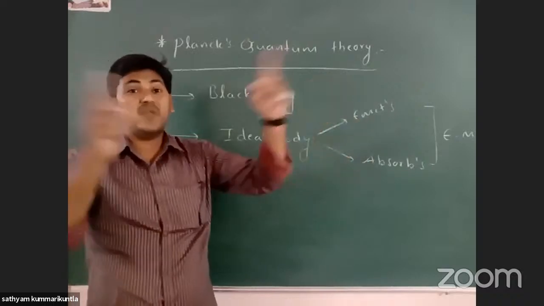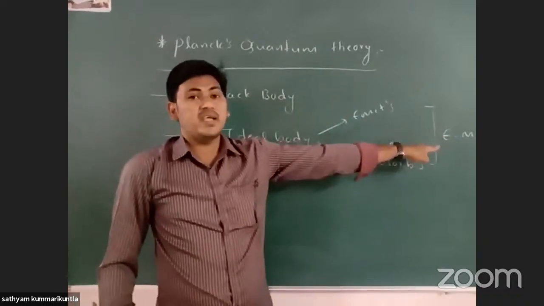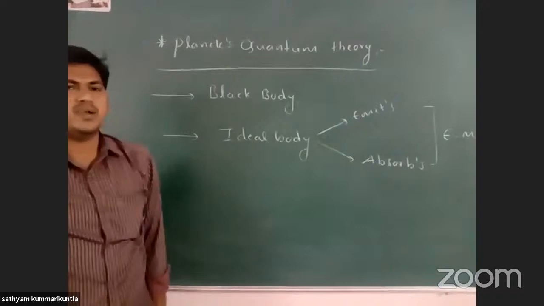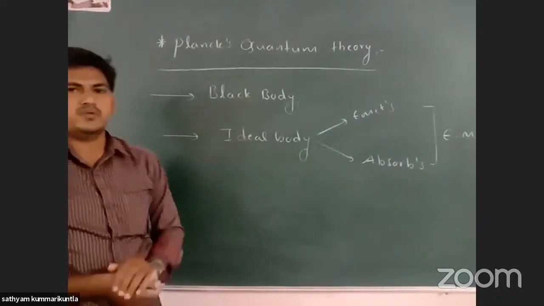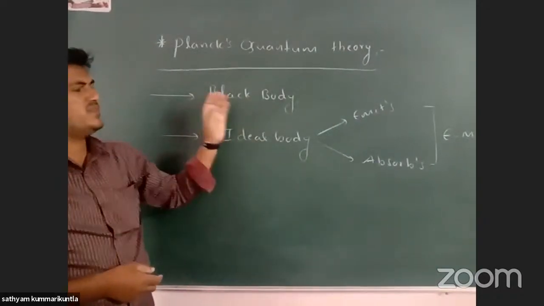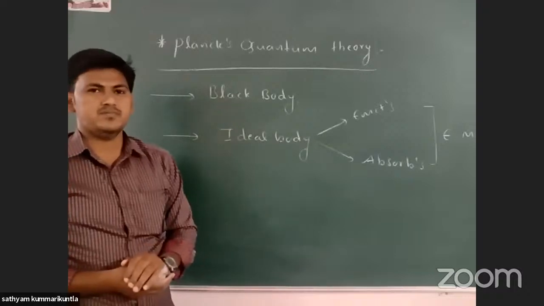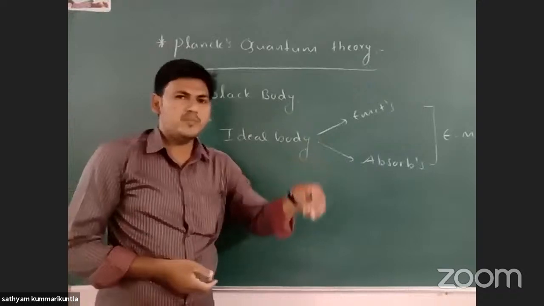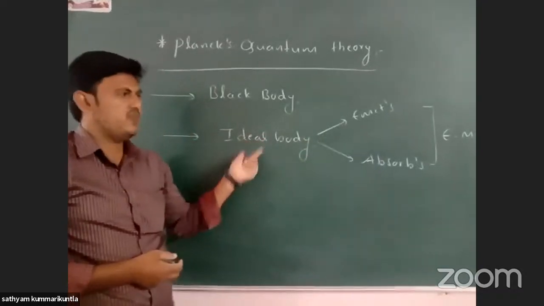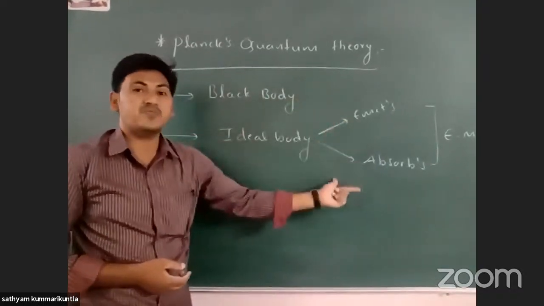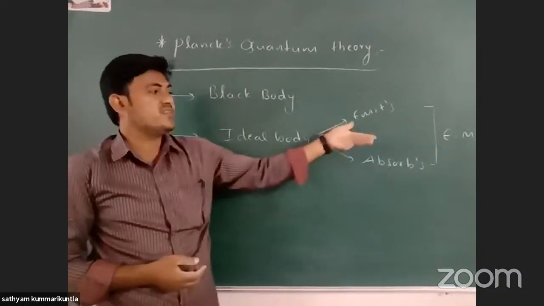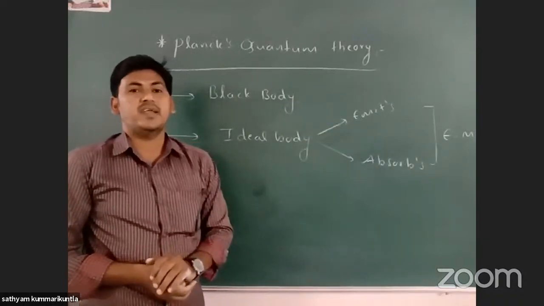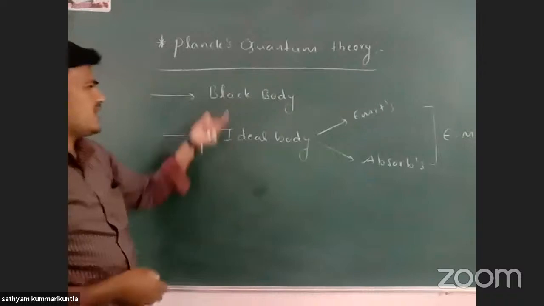So black body means an ideal body which can emit and absorb energy at all the frequencies of electromagnetic radiation. So this is the black body theory.